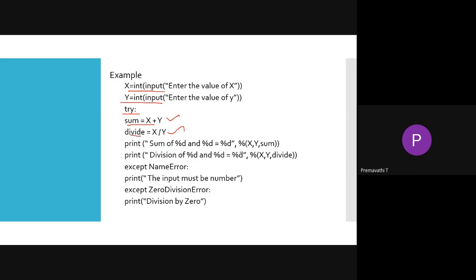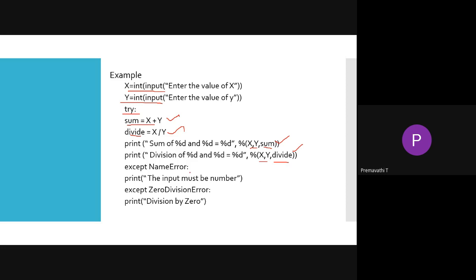After that we print x, y and sum, and likewise x, y and the divide value. After division of x and y, we store that value in the divide variable. After the operations are done, the answers will be stored in sum and divide.